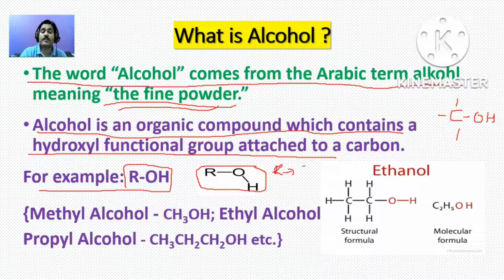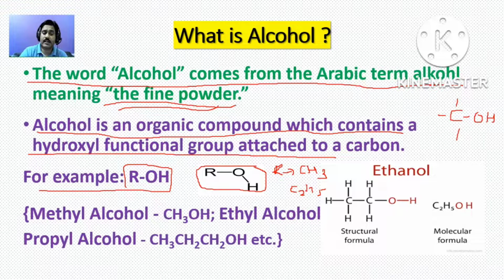R groups are methyl CH3, ethyl C2H5, propyl, etc. R is the alkyl group, for example methyl group, ethyl group, and propyl group. If OH is combined with these alkyl groups, then alcohols are formed.